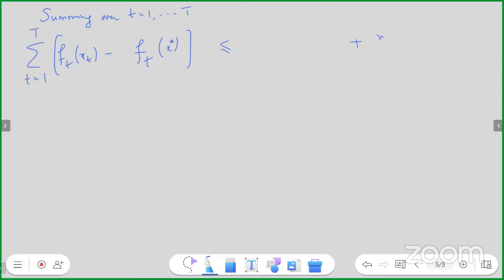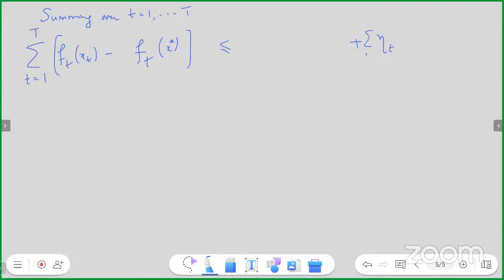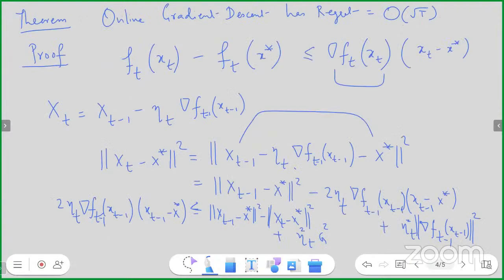See, you'll get an eta square, or let me remove the eta so that there is a single eta t. Eta t, t going from 1 through capital T, that's my second term, times g square from here. Here, once I divide the eta t from here, that will also disappear. One eta t will remain.